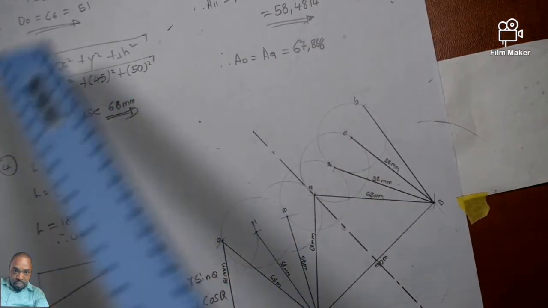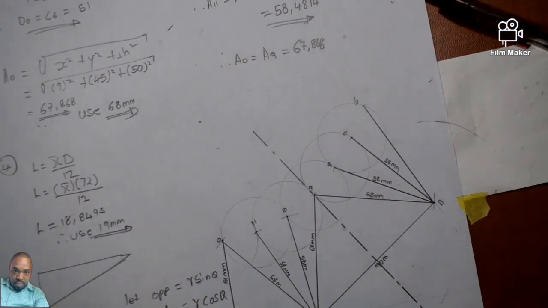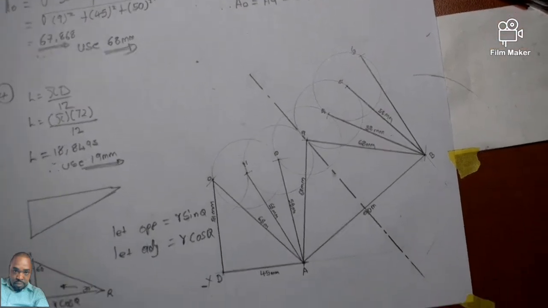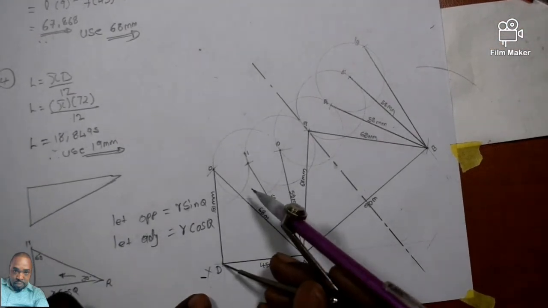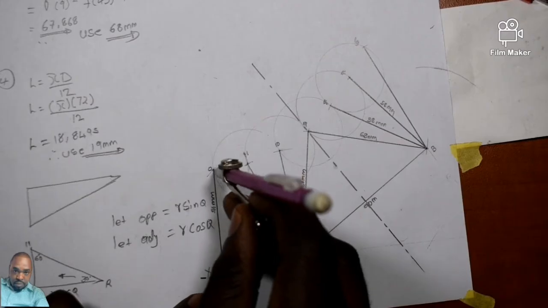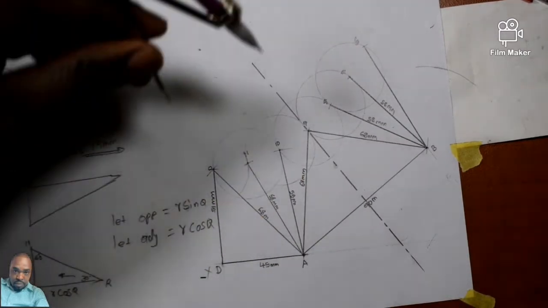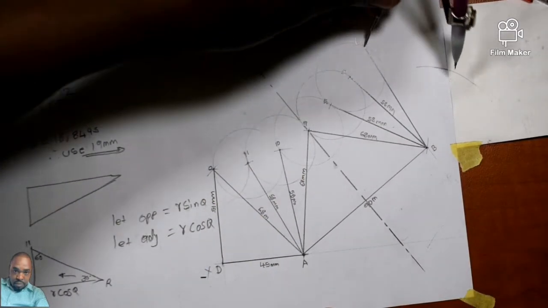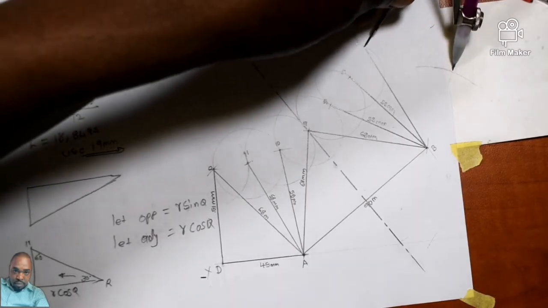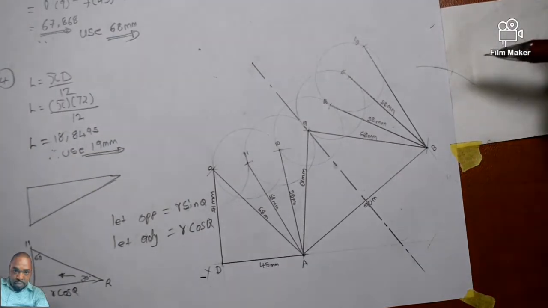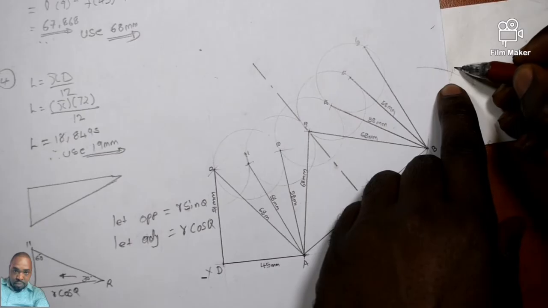You understand? Time consuming. So the set is 50, so I can simply place it at D to 0, just this one, and come and place it at 6 and bisect that arc of mine. You understand? So there is going to be my point C.